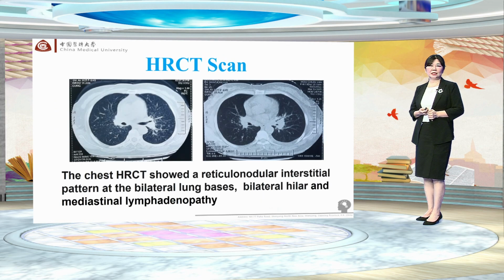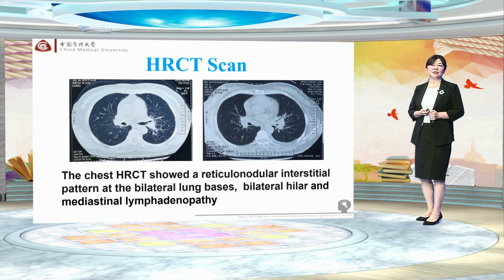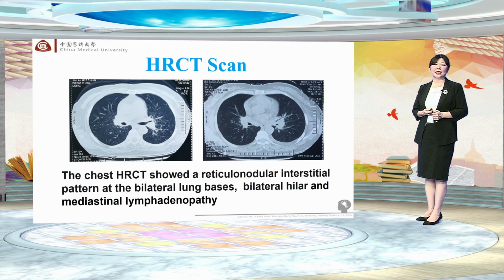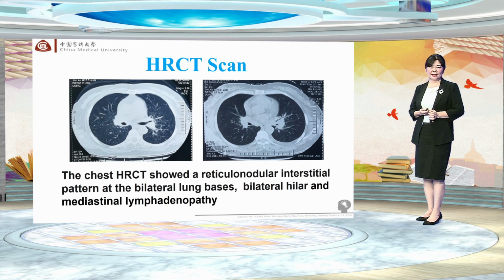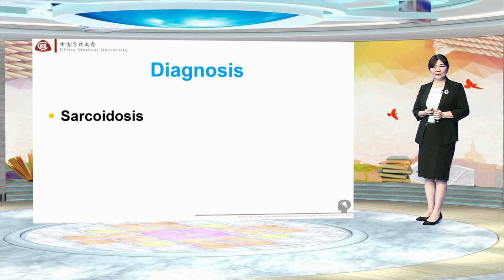The chest CT scan, that is HRCT, showed a reticulonodular interstitial pattern at the bilateral lung bases, bilateral hilar and mediastinal lymphadenopathy. The contrast-enhanced CT scan showed bilateral hilar and mediastinal adenopathy. So the diagnosis for this patient was sarcoidosis.